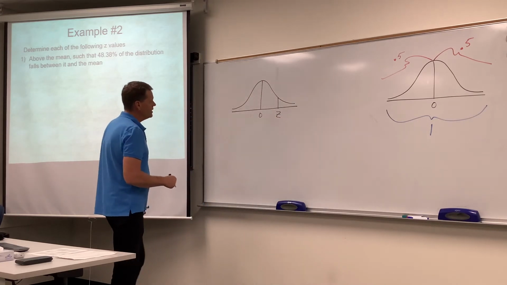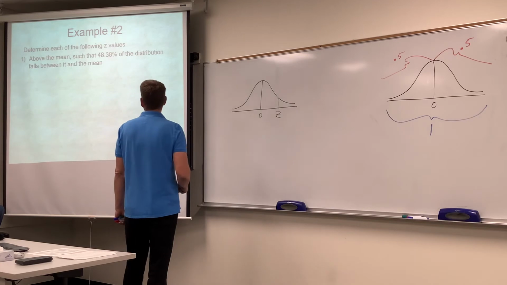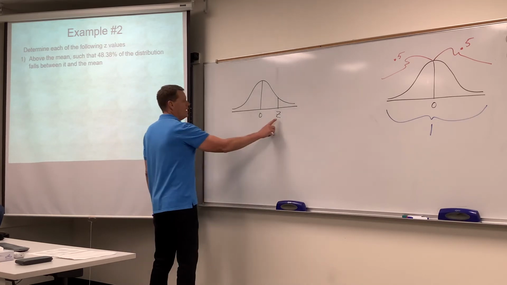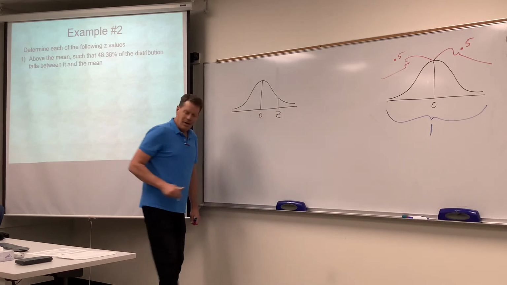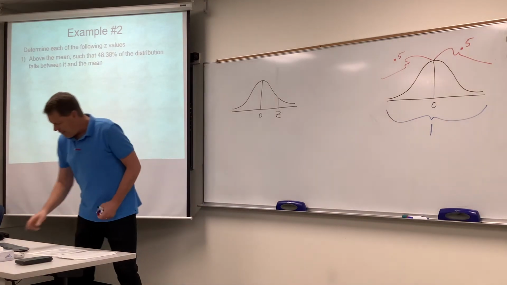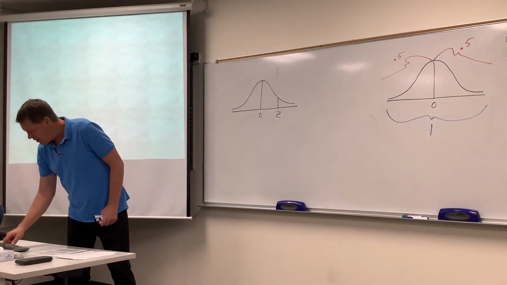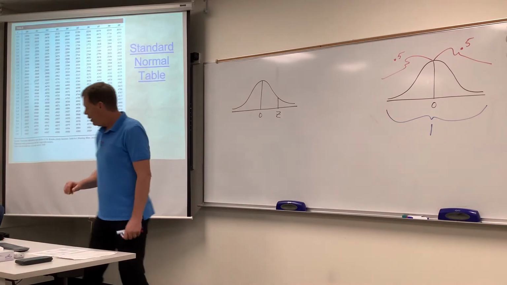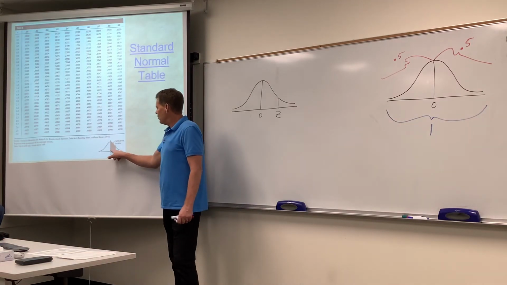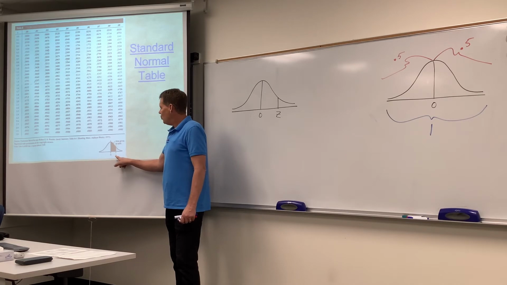Now, it says that 48.38% of the distribution falls between it and the mean. One of the things we have to remember is that the table that I'm asking you to master always wants that middle sliver, the area between the z-score and the middle, the mean.